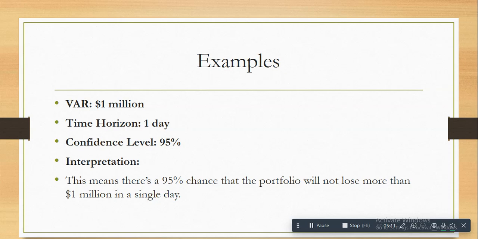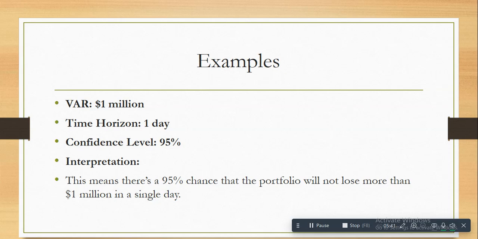There is another meaning to it. Or it can also be told in a different way that there is a 5% chance that the portfolio will lose more than $1 million in a day. So both ways you can interpret the VAR statement.